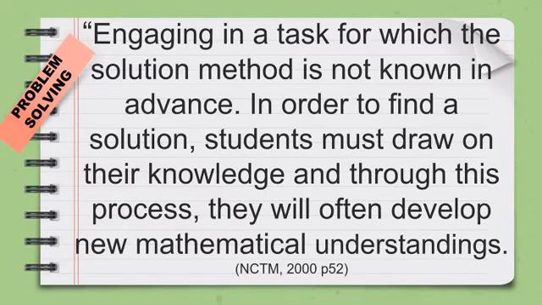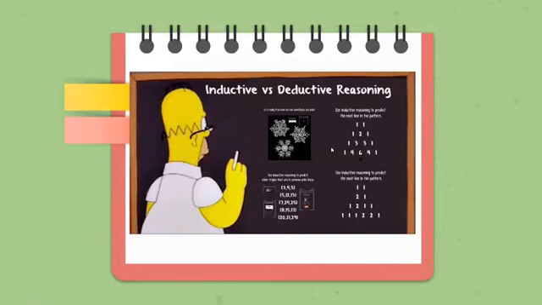And in solving problems, we have what we call mathematical reasoning. It refers to the ability of a person to analyze problem situations and construct logical arguments to solve the problem. So that is what we call mathematical reasoning.